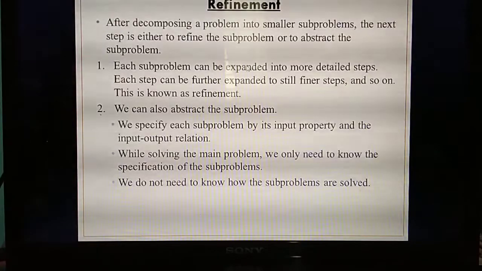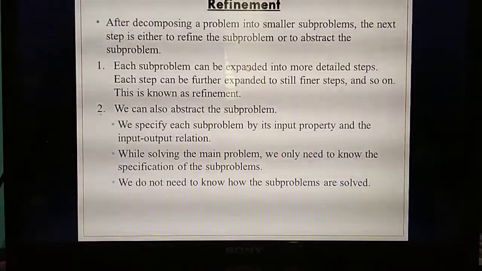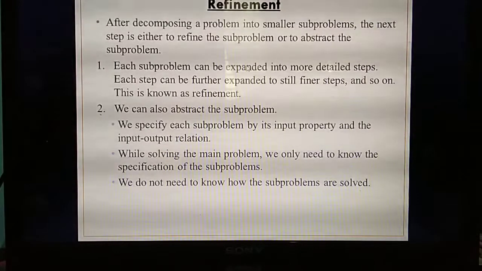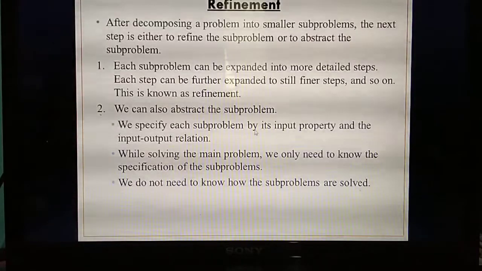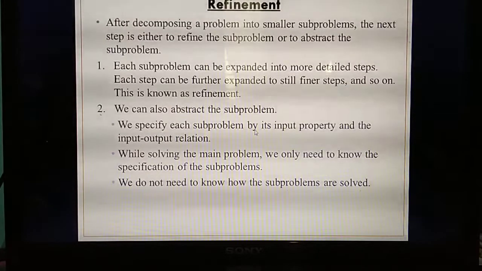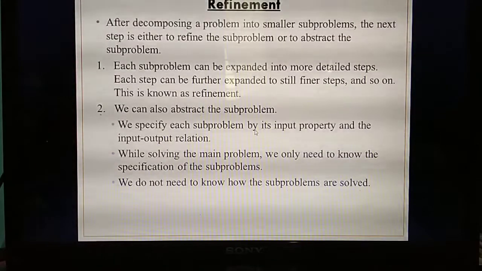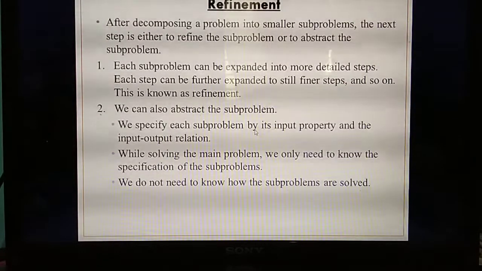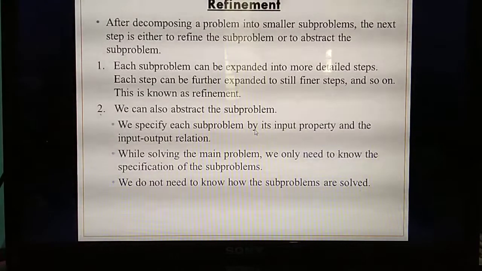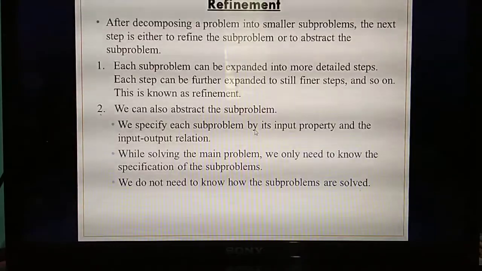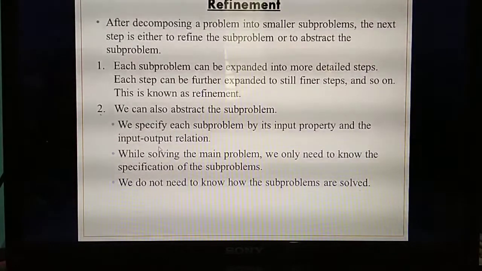But what's the condition? If you are splitting the sub problems into smaller detailed steps, the condition is that for each sub problem you need to give the input property. Understand? You are splitting the sub problem into smaller problems and expanding in detailed steps, but the condition is that for each problem you need to give an input property as well as the input-output relation.